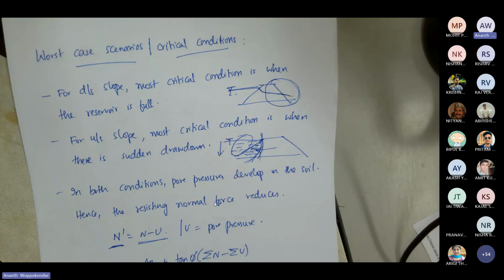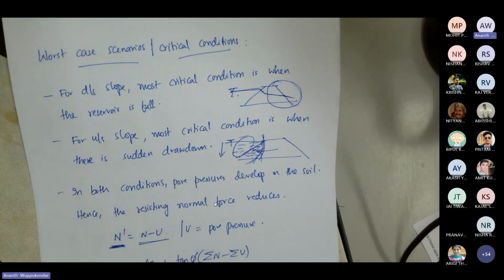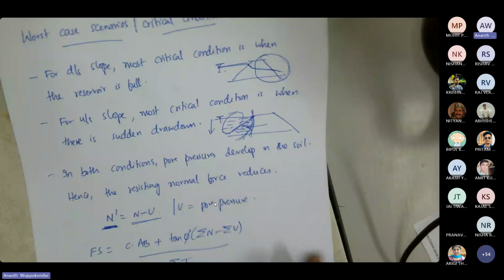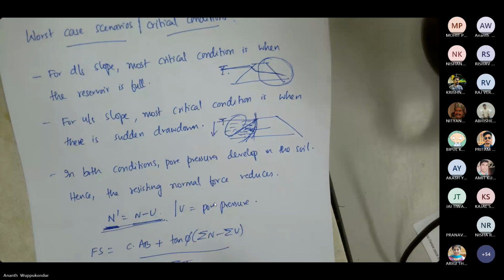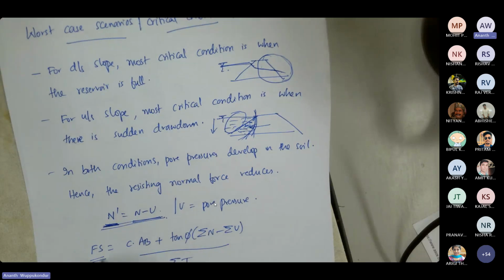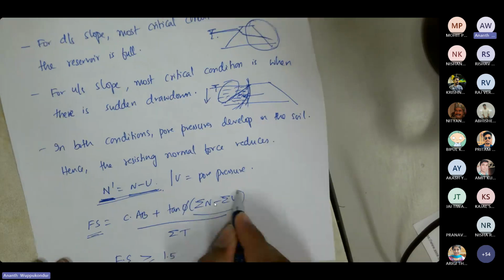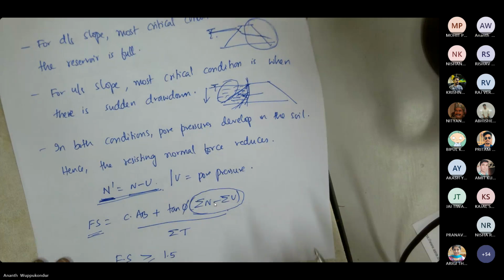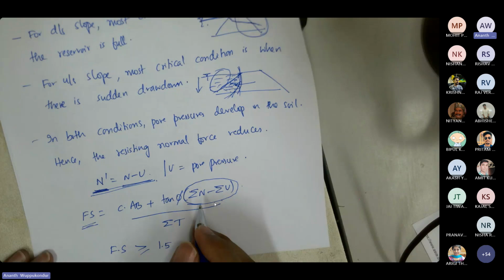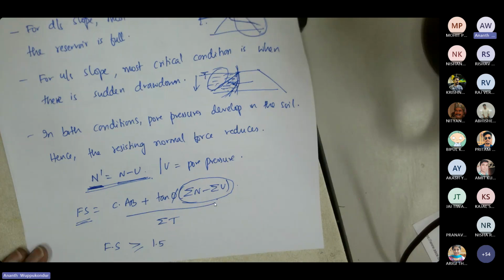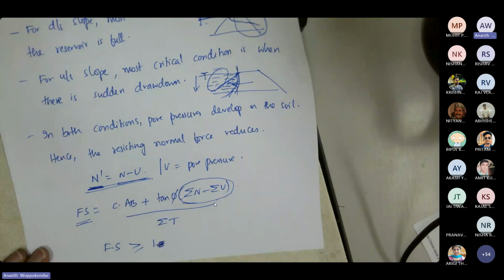So to consider that pore pressure, you need to update your new normal force, which is N minus U. So based on this new normal force, your factor of safety should also be updated. So here you have sigma N minus sigma U, where U is the pore pressure. So you can recalculate what is the factor of safety for the worst conditions. And again, the factor of safety should be more than or equal to 1 for the worst conditions.